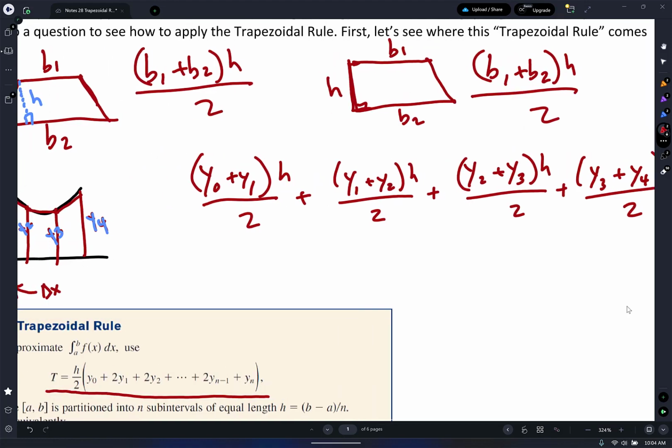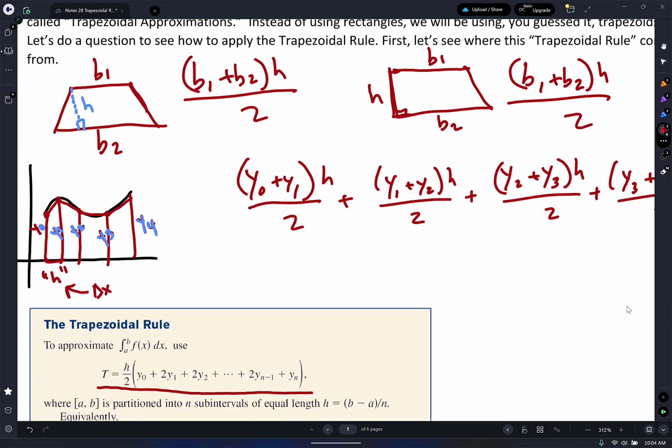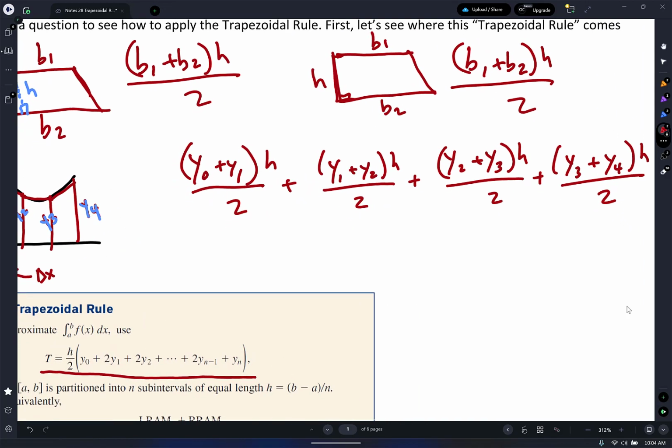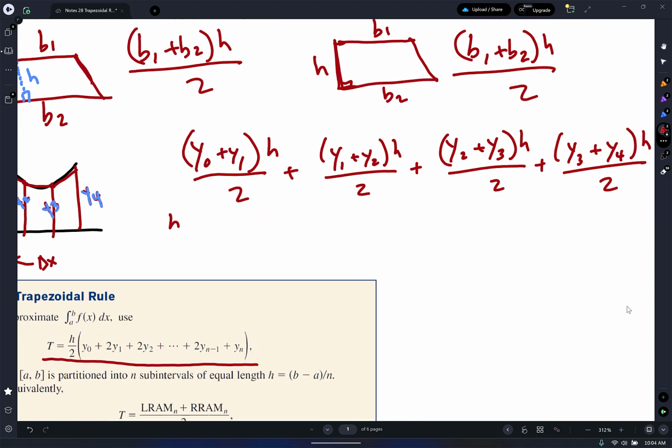That's all I have, just those 4 trapezoids. Cool or not cool? What do all 4 of these trapezoids have in common? An h over 2. So I can factor out that h over 2, and look what you have: y0 plus y1 plus y1 plus y2 plus y2 plus y3 plus y3 plus y4.